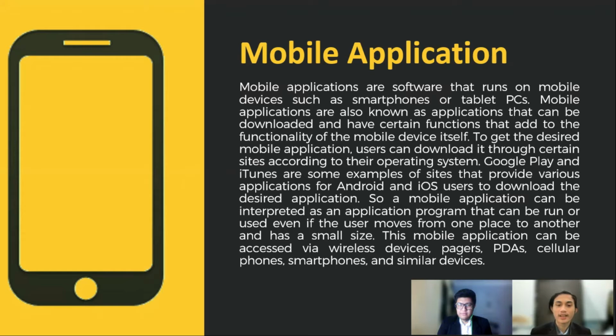Google Play and iTunes are some examples of sites that provide various applications for Android and iOS users to download. So, a mobile application can be interpreted as an application program that can be run or used even if the user moves from one place to another, and has a small size.